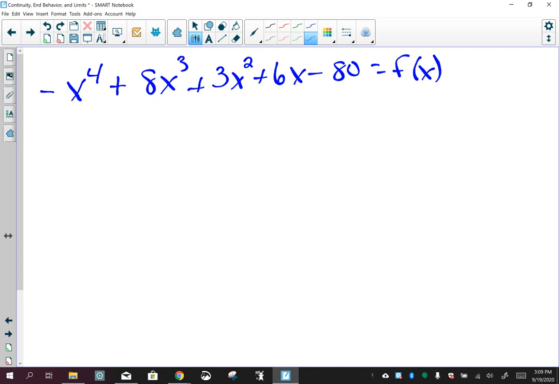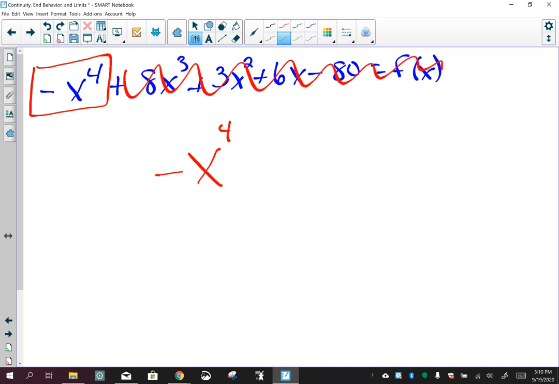When I'm dealing with this, I want to only look at the biggest exponent term. So that's going to be this lead term. I'm only going to look at this one here. All this other stuff can go away. I don't care about that. This is going to tell me what's going to happen with this graph.